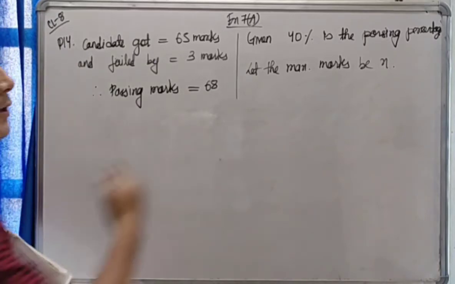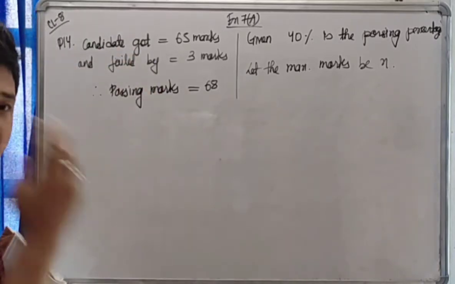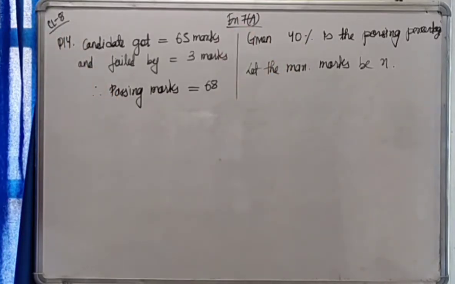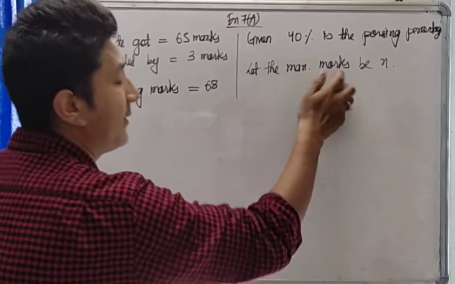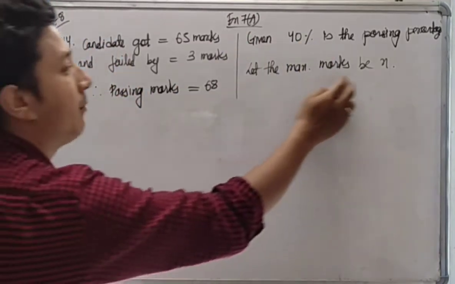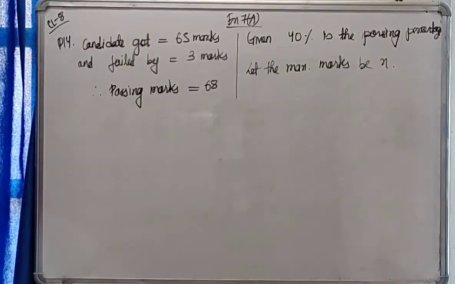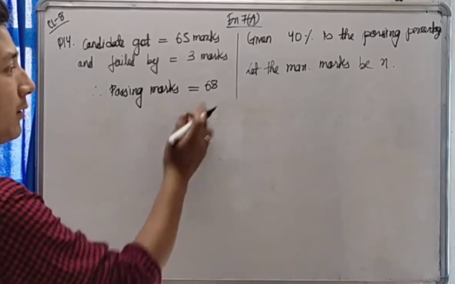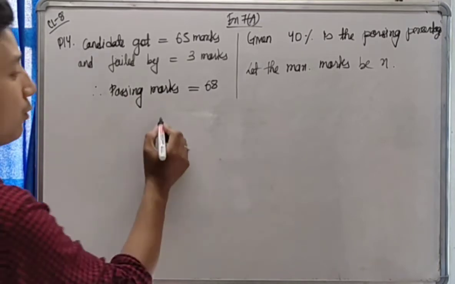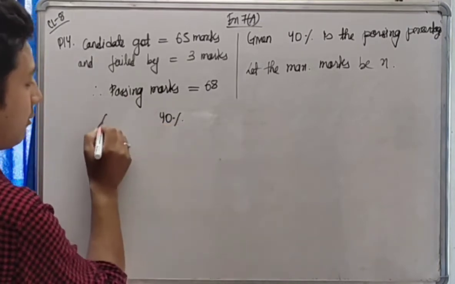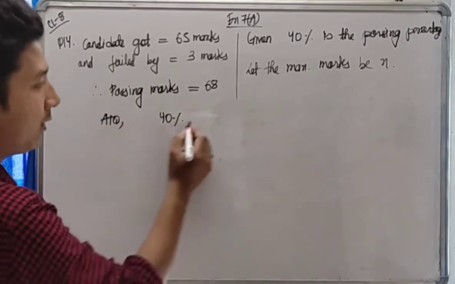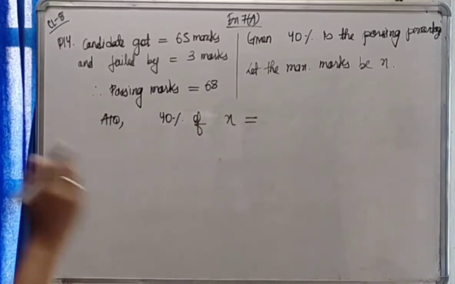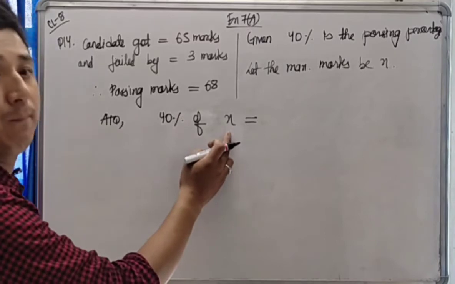Also, what we know, each candidate should get 40% as the passing marks. We need to find the maximum marks. So let the maximum marks be x. One thing I know, the passing marks is 68. So 40% of this full marks is actually the passing marks.